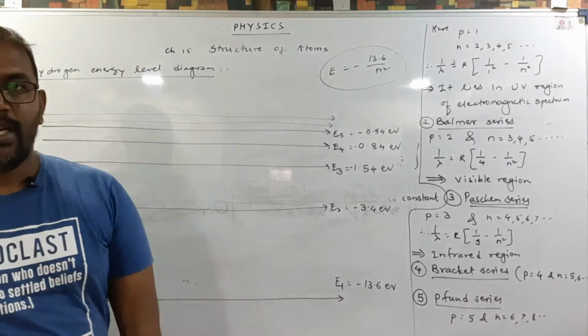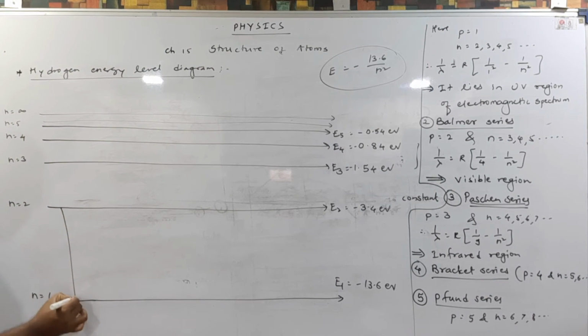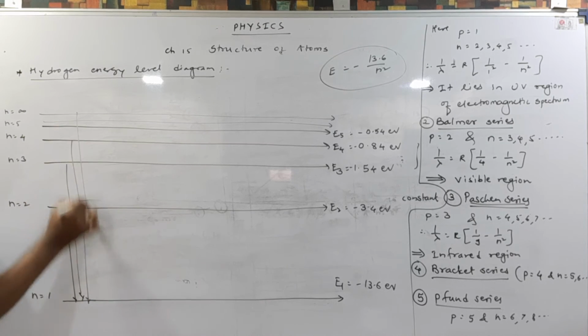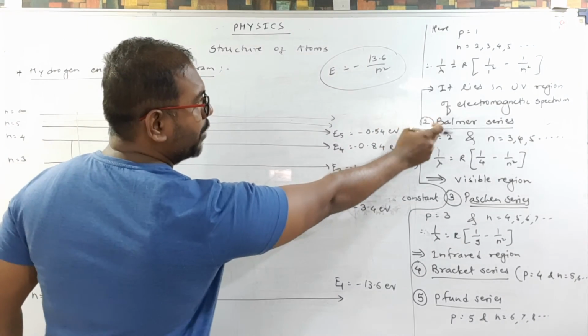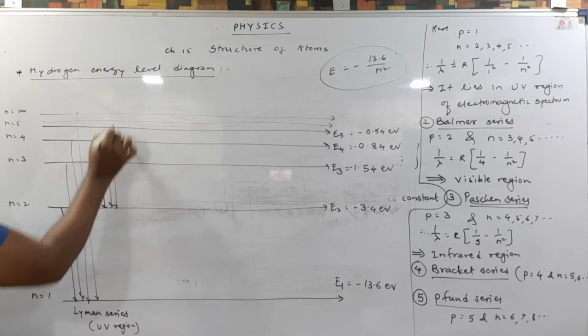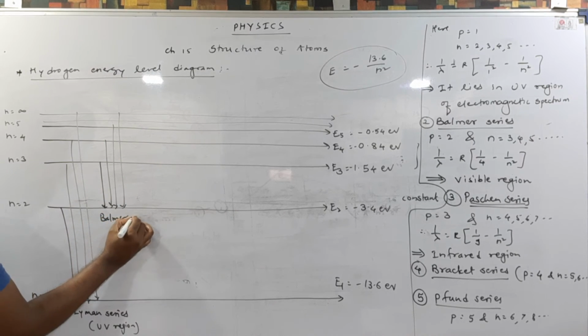And so on. Now when an electron jumps from the second orbit to the first orbit, third orbit to first orbit, fourth orbit to first orbit, infinity to first orbit, this is the Lyman series, and it lies in the UV region. Then the second one, you know, is the Balmer series. When the electron jumps from an outer orbit to inner orbit 2, it is the Balmer series, in the visible region.